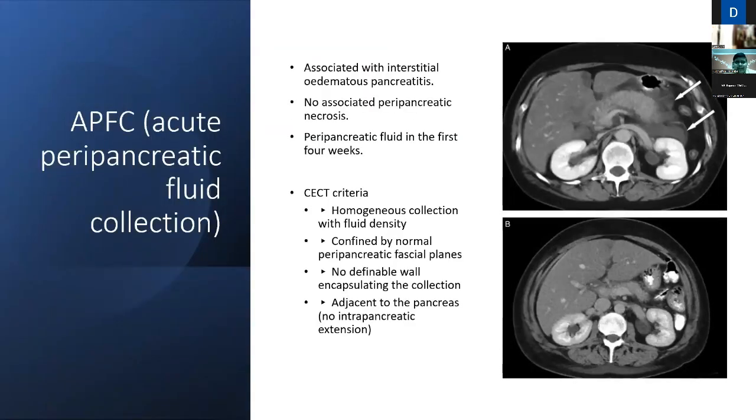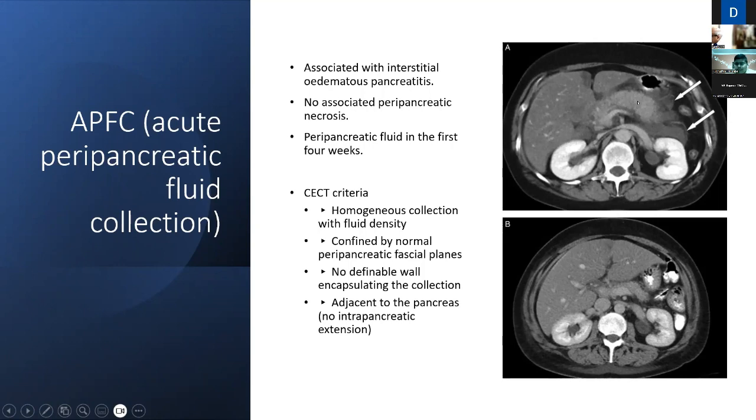Acute peripancreatic fluid collections are associated with interstitial edematous pancreatitis, not associated with any peripancreatic necrosis, and contain peripancreatic fluid in the first 4 weeks. In CT, you can see in this film there is a peripancreatic fluid collection, but the pancreas is enhancing well.